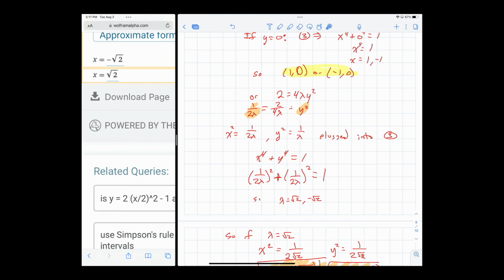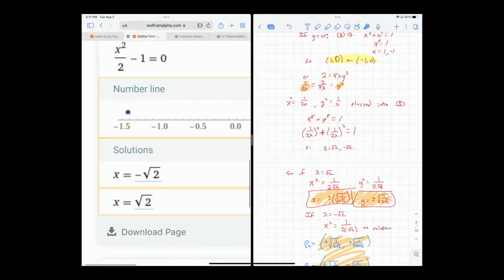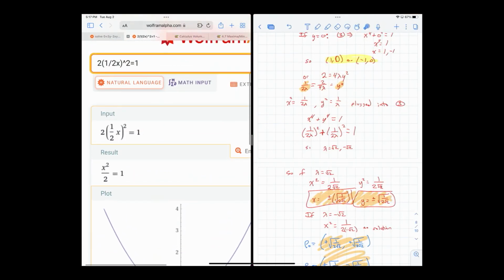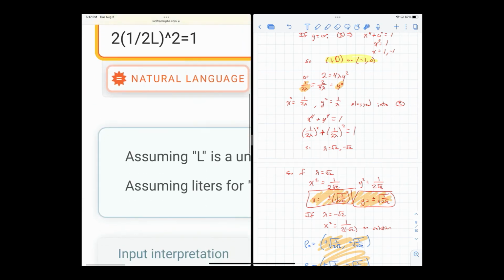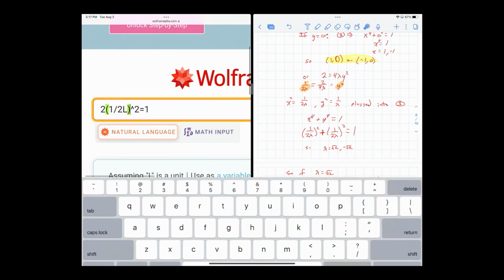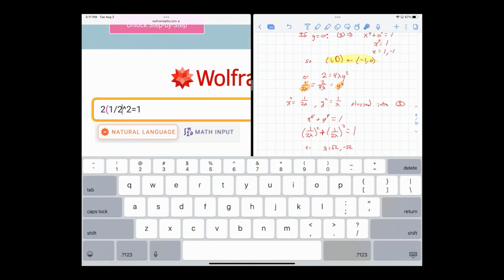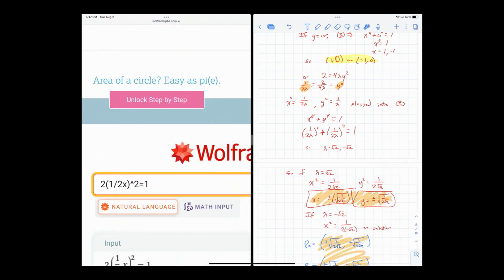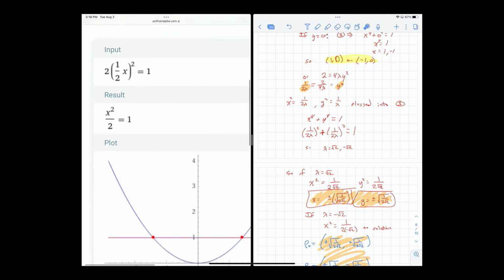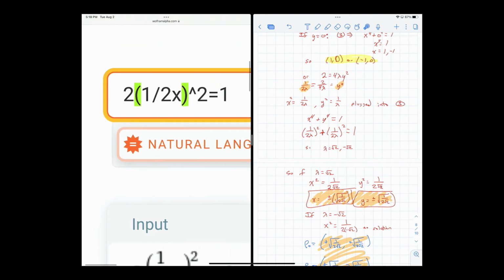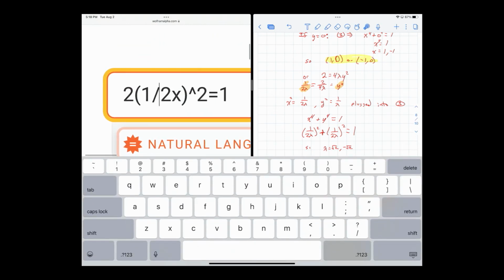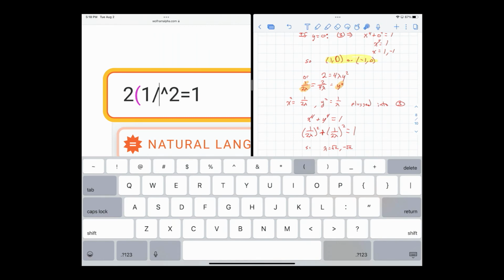Where did we find lambda? I found lambda on the computer. Oh, shoot. The x didn't end up in the denominator because I didn't put parentheses around it.